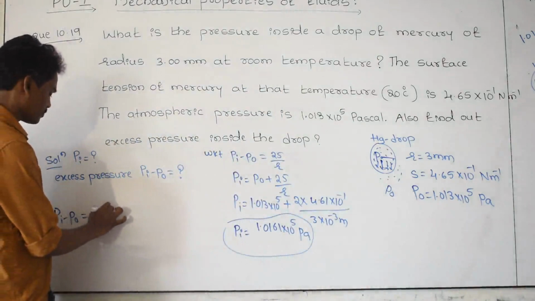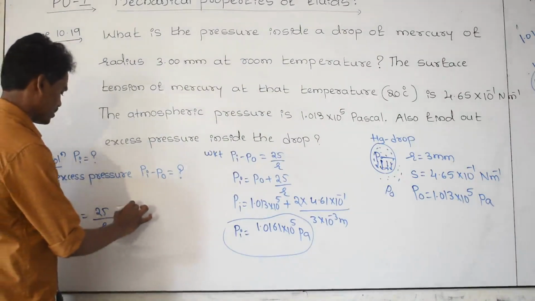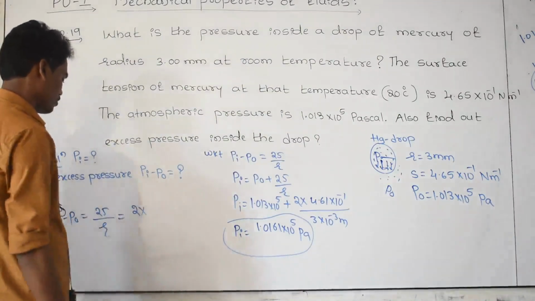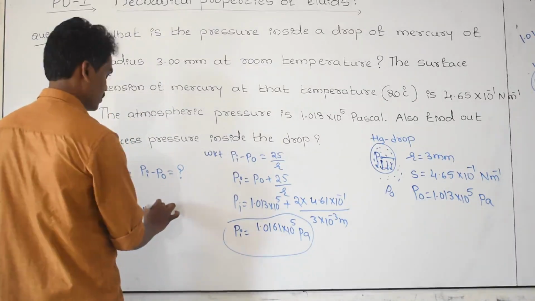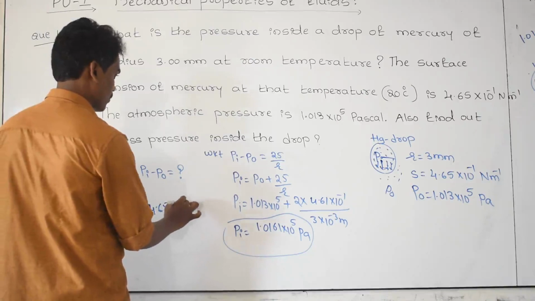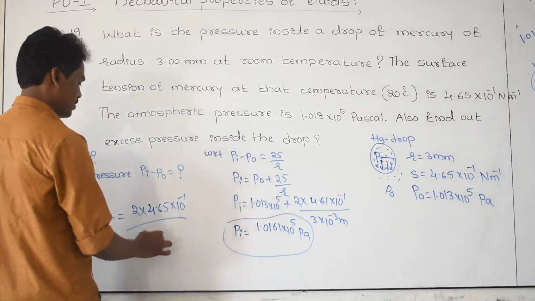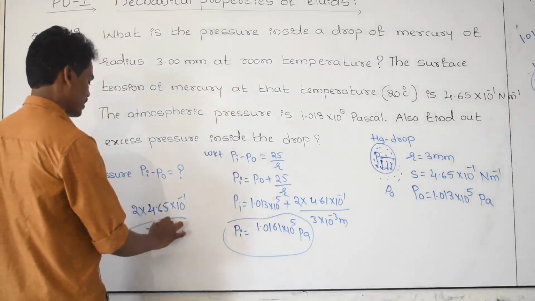Pi minus P0 is equal to 2s by r. Then 2 into s, which he has given as 4.65 into 10 to the power of minus 1, divided by r, 3 into 10 to the power of minus 3.